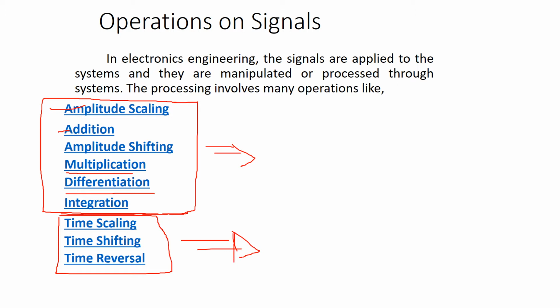So this part is the operation on the independent variable. Here the independent variable is time, and the dependent variable is the amplitude. So here we are doing the operation on amplitude, and in the next session we will do the operation on time, that is on the independent variable.